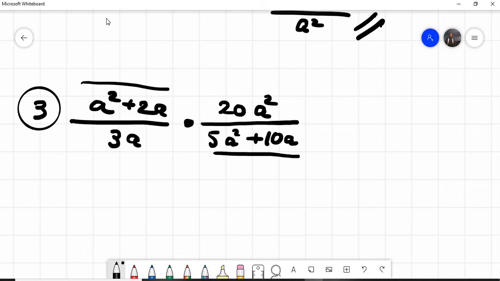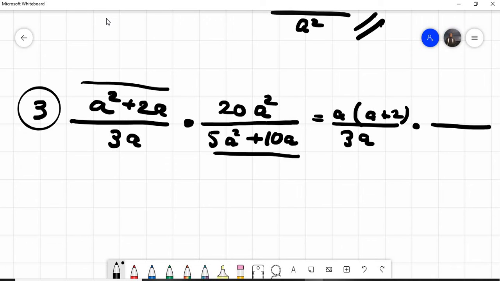On top, the common factor is a, and we factor out a, giving a plus 2 divided by 3a, times 20a squared. On the bottom we factor out 5a, so the other factor is just a, not 2a, plus 2, so a plus 2.